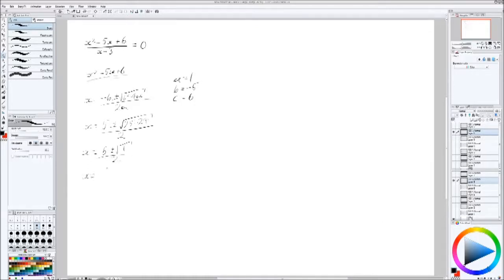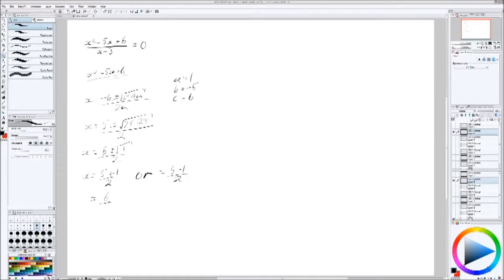So x equals 5 plus 1 over 2, or equals 5 minus 1 over 2. Now, as you can notice, we're already slightly different to our previous ones, because we've got two possible answers. So let's go through with those.